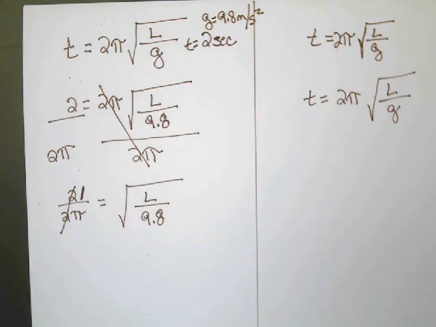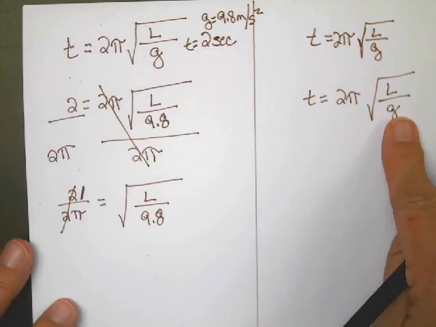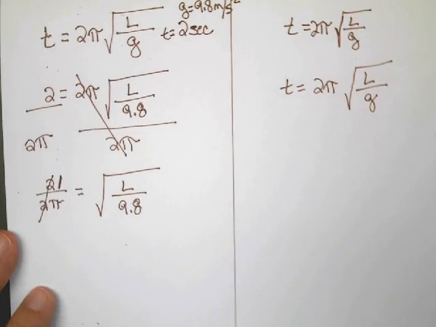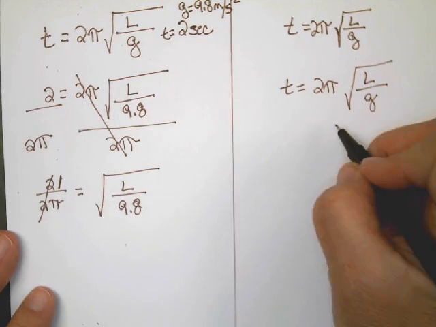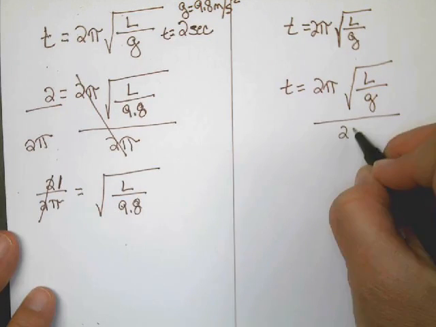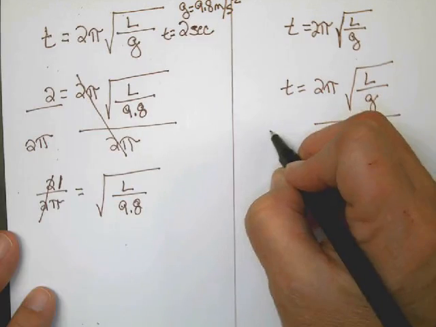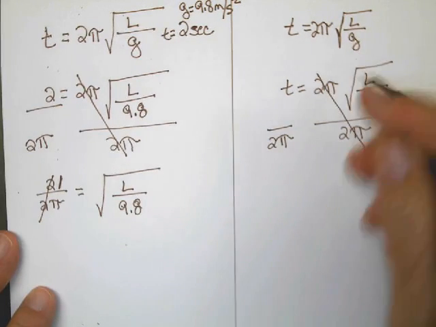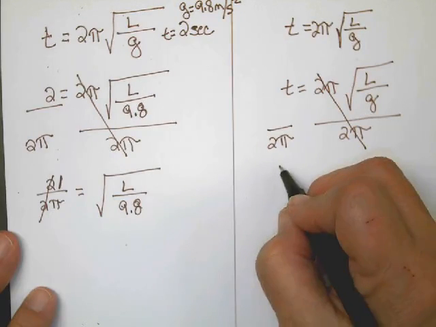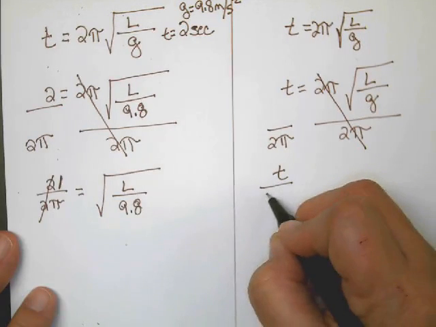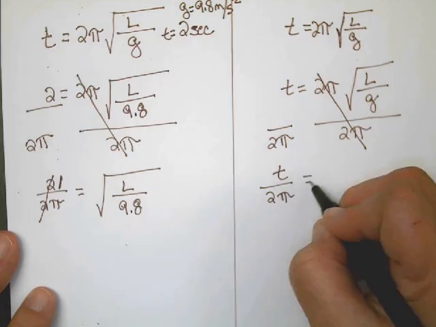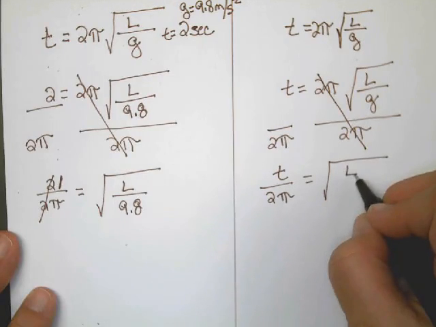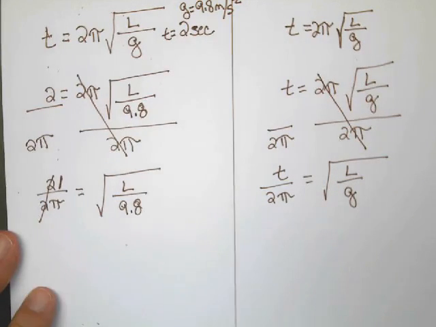Now what if I do that over here? If I divide by 2 pi here and divide by 2 pi there, then that's my 1. And I end up with my time divided by 2 pi equals the square root of the length of the pendulum divided by the gravitational constant.